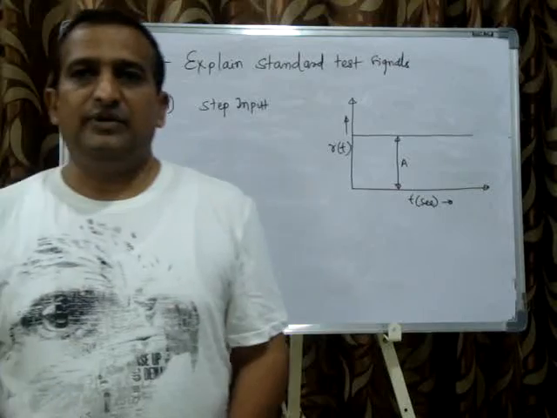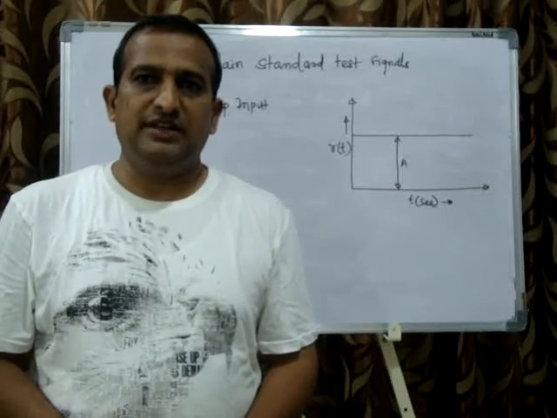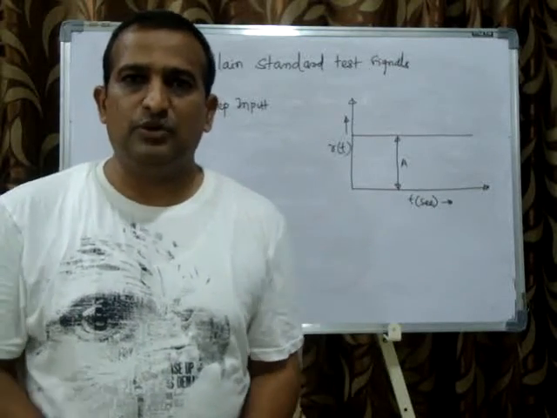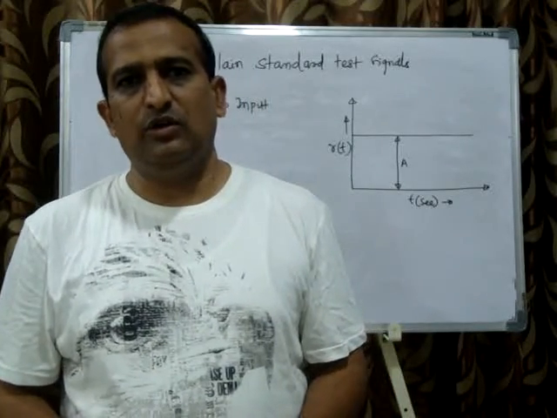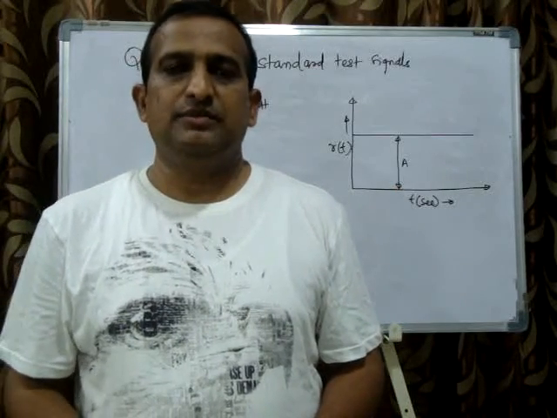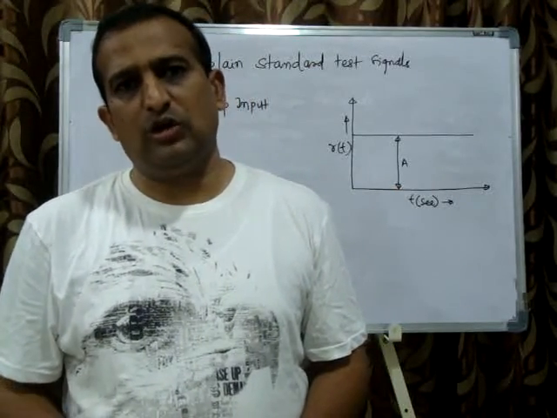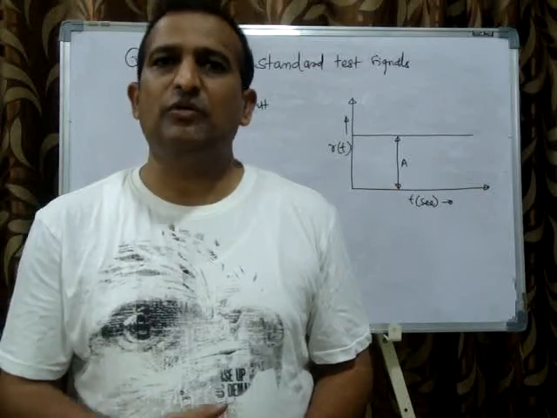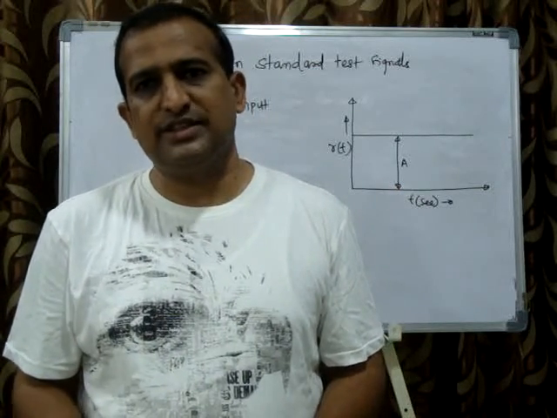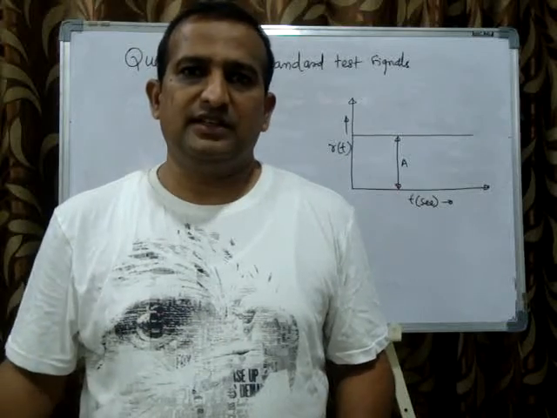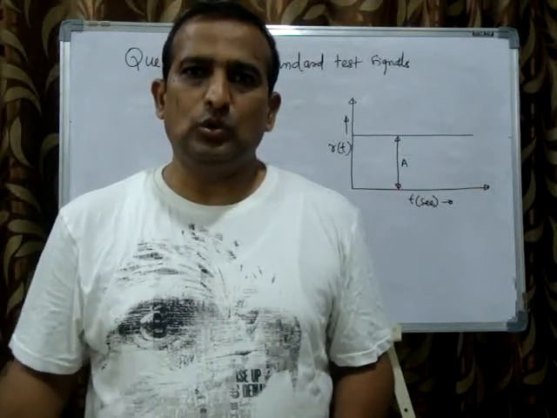Suppose you are giving 10 Newton meter torque to a system, a constant input, or 10 ampere current, or 20 volt to the system, or 13 Newton meter torque to the system, constant. You are not varying it. Suppose daily you are studying 2 hours, for a week it is constant, A equal to 2.